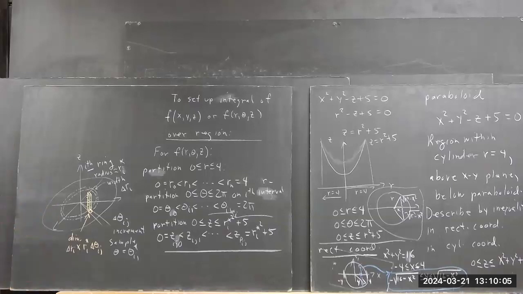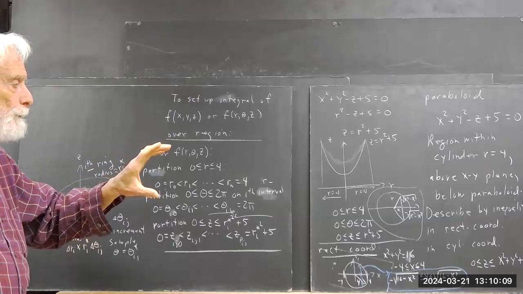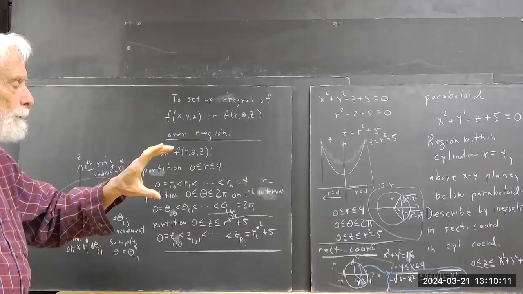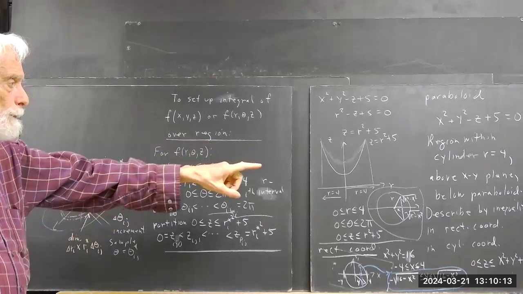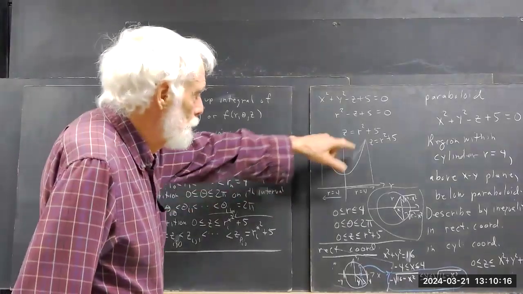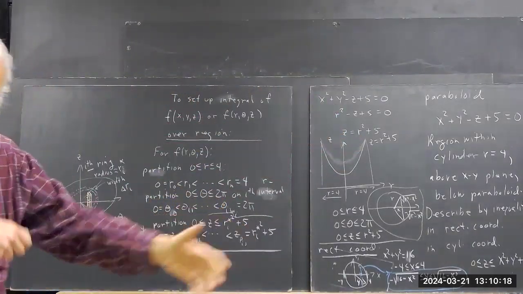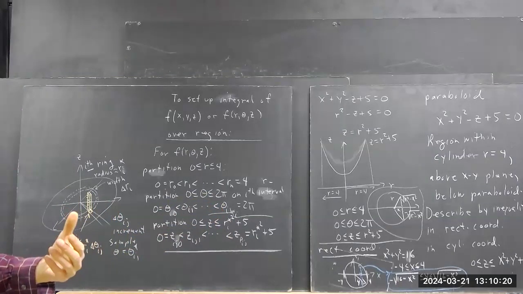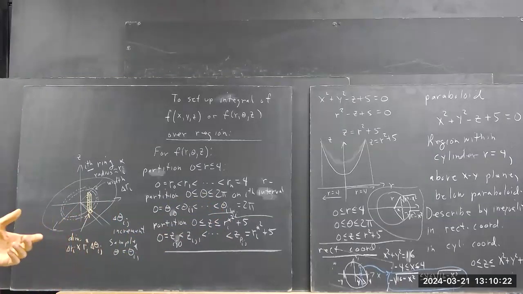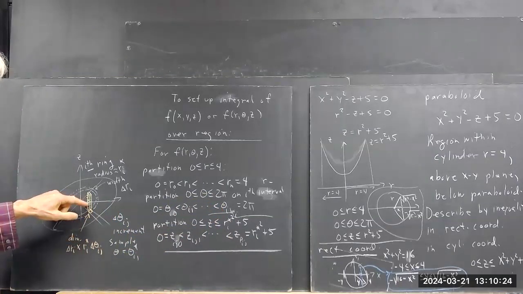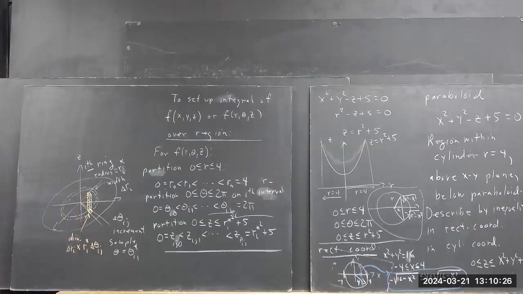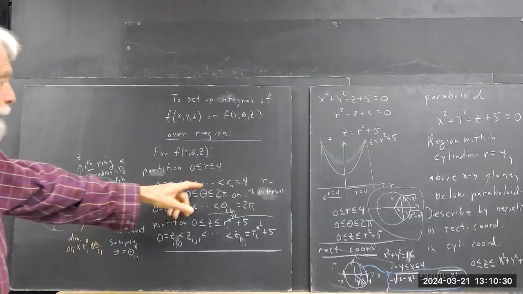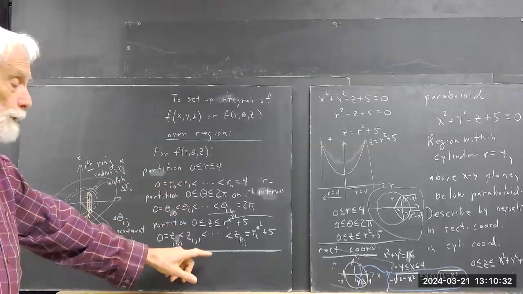So now every point within this entire solid of revolution lies within one of these increments, for some R_i star, for some i, for some j, and for some k.